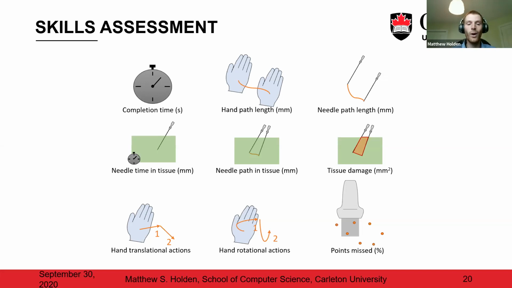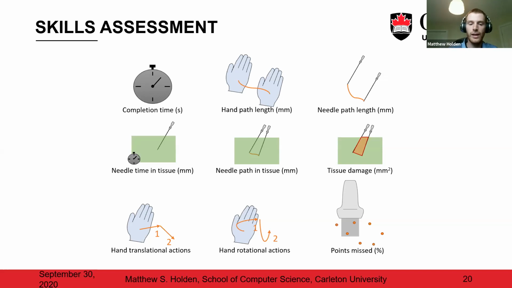So instead, what we try to do is automated skills assessment based on data we collect in the simulation environment. The traditional approach to do this is to consult with expert clinicians and try to derive a set of performance measures or summary statistics that, in their opinion, are good measures of skill.